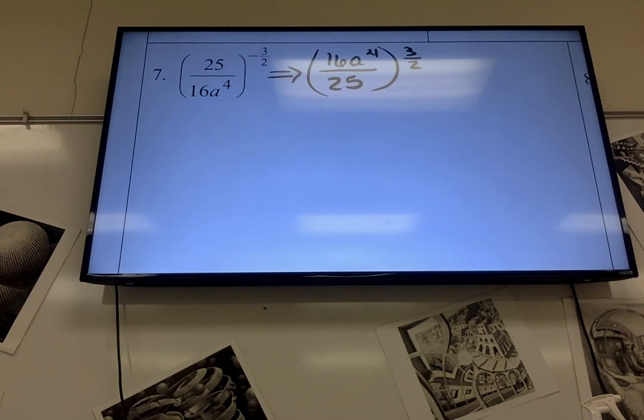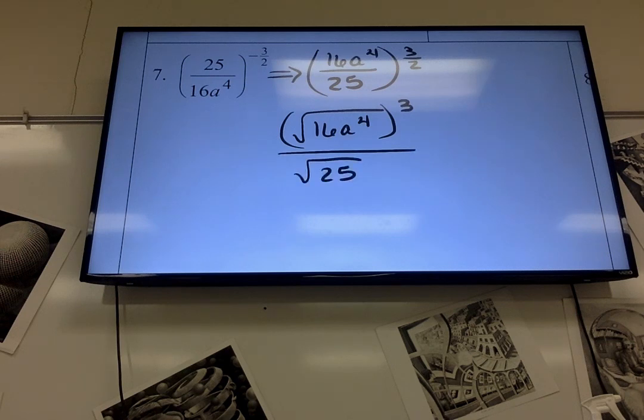And again, you didn't have to do that first. I just want to get done with this before the bell ends. So 2 is on the bottom, so that means it's a square root of 16a to the 4th. Don't forget the 3rd is still there. Square root of 25. I went ahead and just separated it.